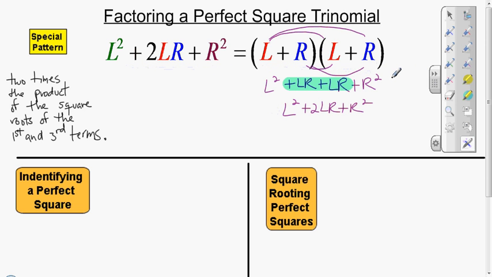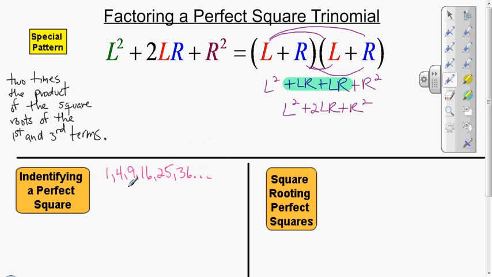Just a very quick review about identifying perfect squares and square rooting perfect squares. Identifying a perfect square should be relatively simple. The perfect squares are 1, 4, 9, 16, 25, 36, etc., and you should have them at least memorized up to 144, which is 12 squared.